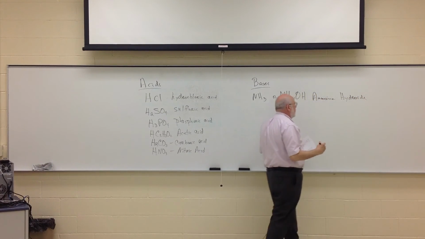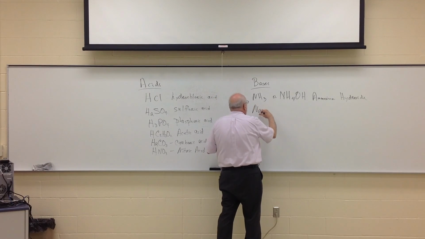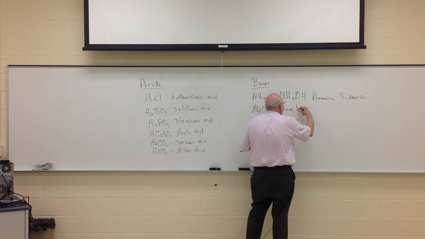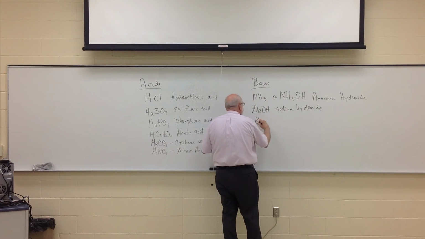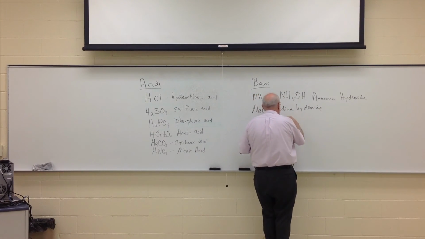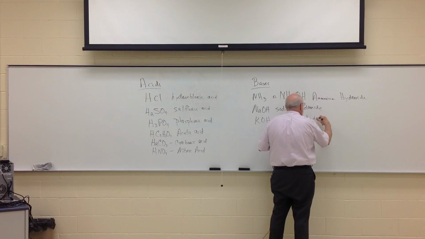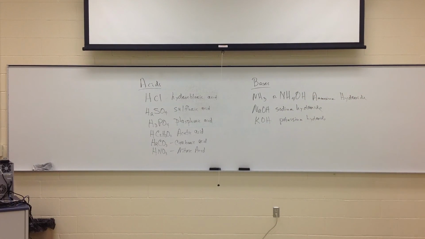The OH minus one is a hydroxide. Sodium hydroxide is a very strong base, and so is potassium hydroxide. You don't want to stick your hands down in a solution of that stuff, I'll tell you. So there's a nice little acid and base list for you.